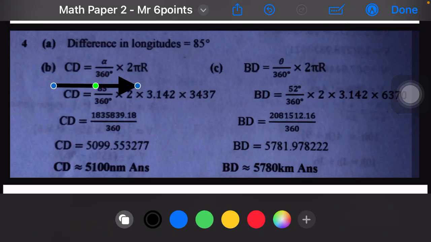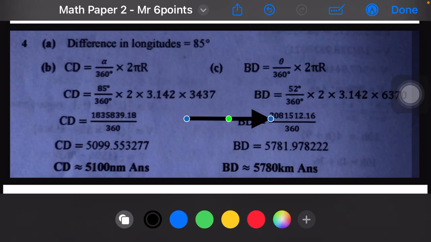Earlier in this video, I explained how to determine the formula for finding distance under Earth geometry. So here, just substitute. Where there's theta, you put 85, the difference between those two points, that angle there. Then after substituting and doing all the calculations, you get your answer to be 5,100 nautical miles.